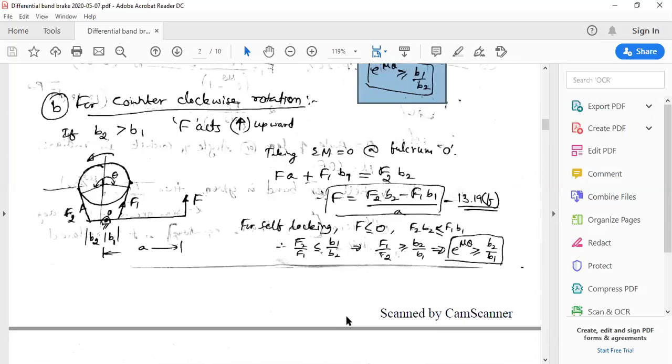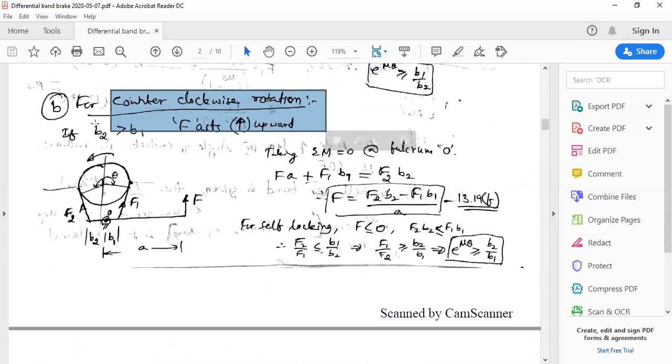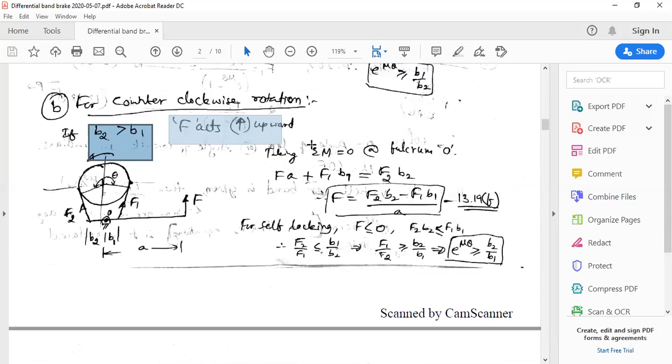Similarly, we have discussed the things related to the counterclockwise direction also, where B2 is greater than B1, so that F acts in the upward direction. Now the sides are interchanged. So the right side will be the tight side and the left side is the slack side, because this is the pulling side and this is the pushing side of the band. Hence, the force exerted here is less as compared to F1.